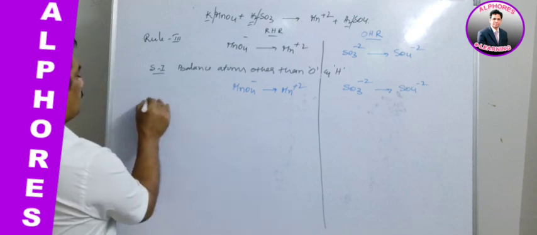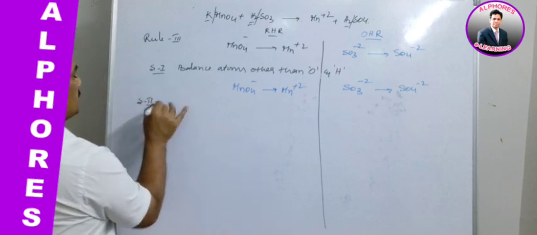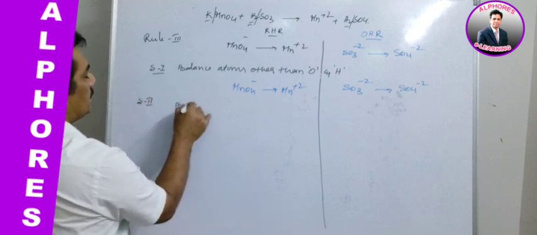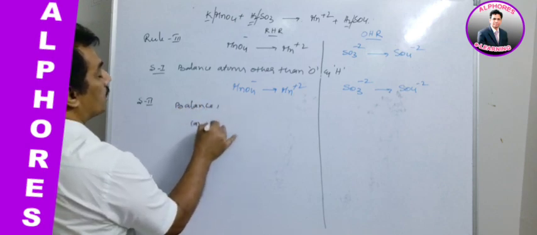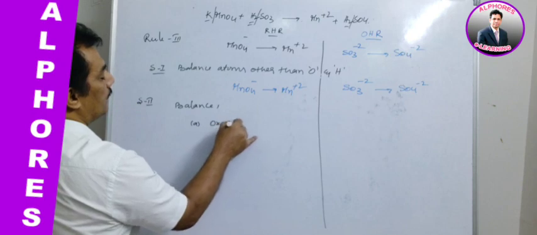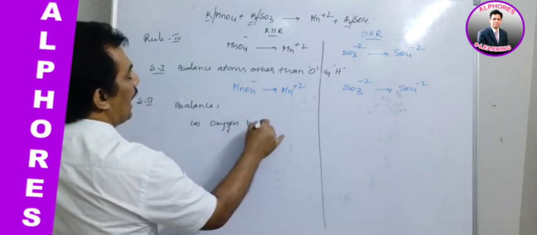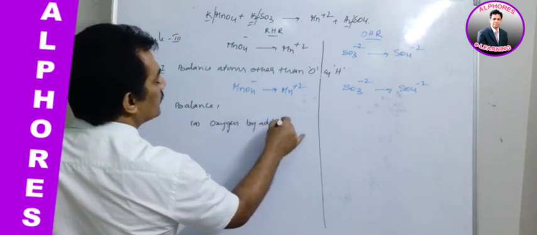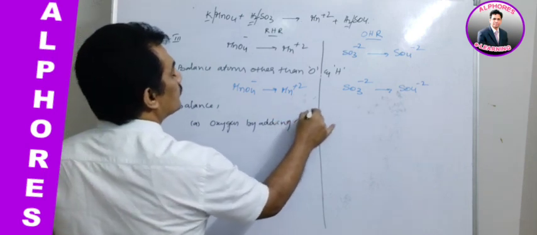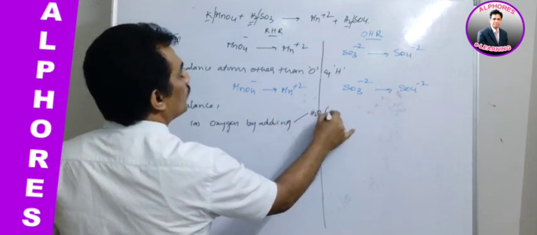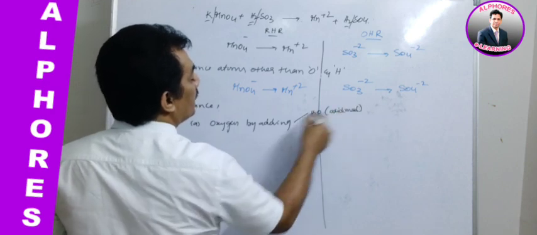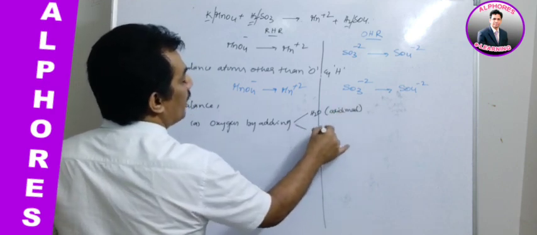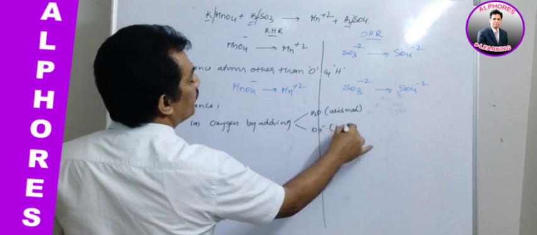And then step 2. As per step 2, balance oxygen by adding H2O in acid medium, already I told you, and OH minus in basic medium.